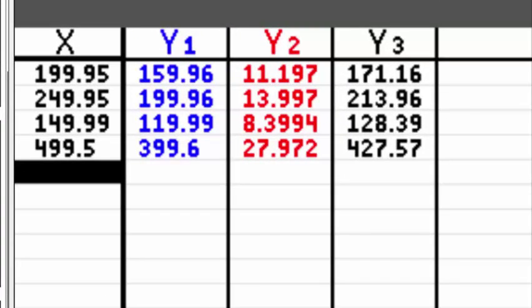Okay, let's zoom into these values so we can see exactly what values we're going to have to put into our table. So those were the X values that were given to us in the table. We're going to fill in with our table the y sub 1, the y sub 2, and the y sub 3 values. So I'm going to go now back to our worksheet, to our handout, and I'm going to fill in those values in our table.